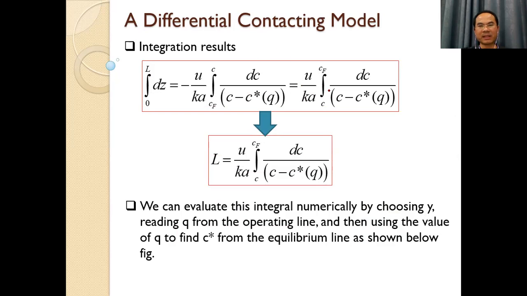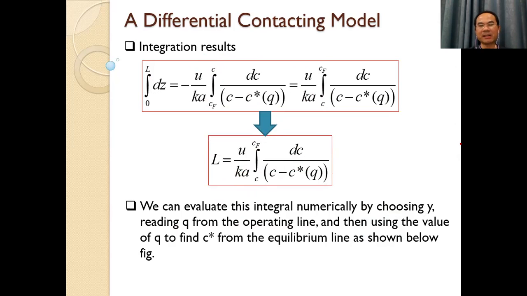Integrate from C to Cf, that's why it is minus. If you replace this by Cf and this is C, the minus sign appears. And then you can calculate the height of the column, L equal to U divided by Ka, integrate from C to Cf dC divided by C minus C star.